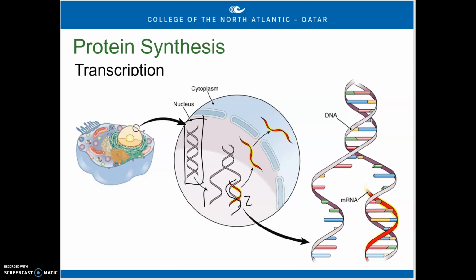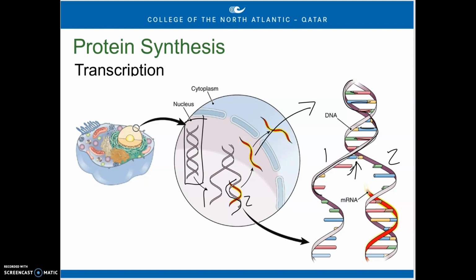Now, when that mRNA is formed, it travels out of the nucleus and into the cytoplasm. So here's a close-up look. We get our DNA strand here. It's going to have the purple backbone. We've got our nucleotides here, the A, T, and G's and C's. So the DNA unzips right here, and we end up with our one strand here and the second strand here.